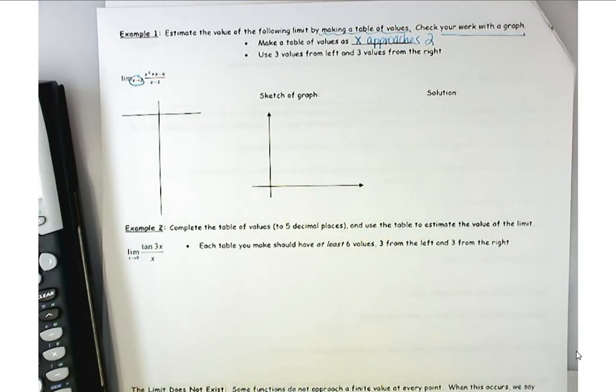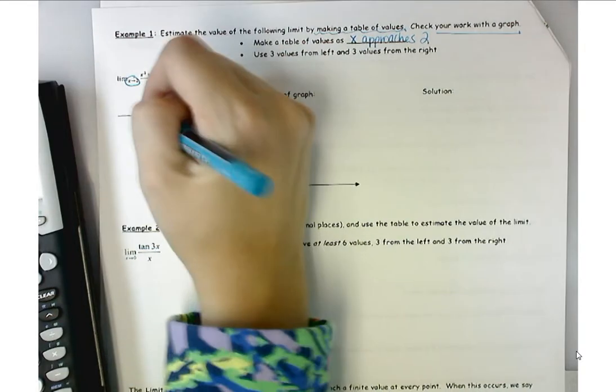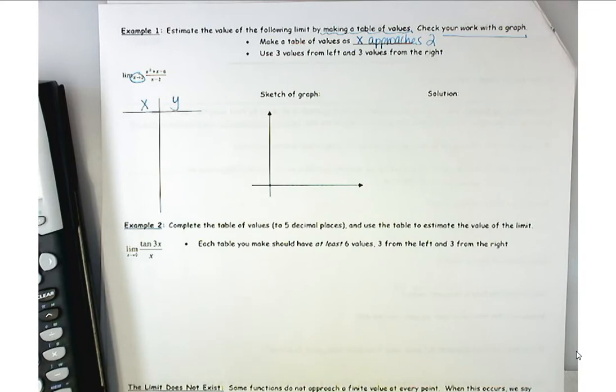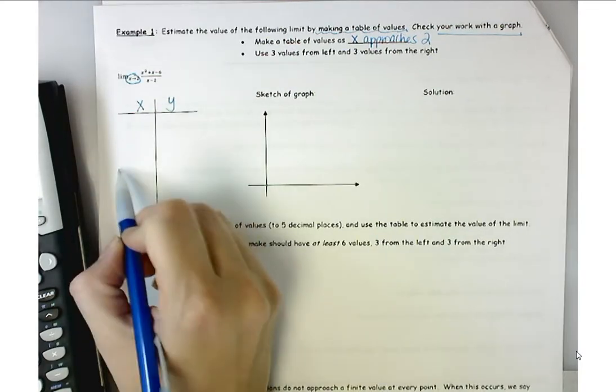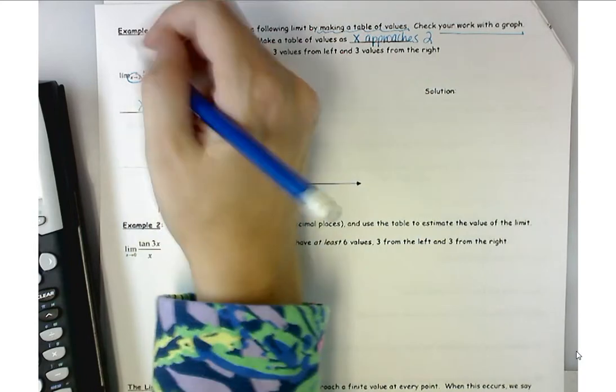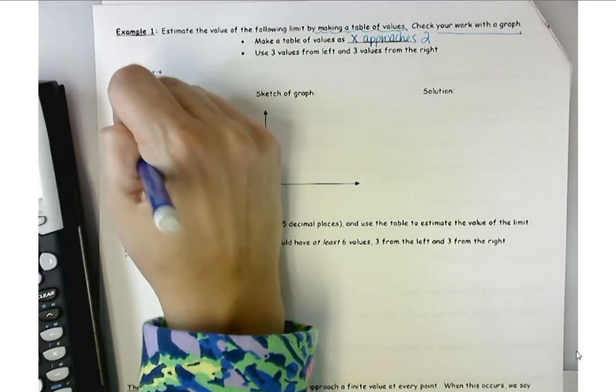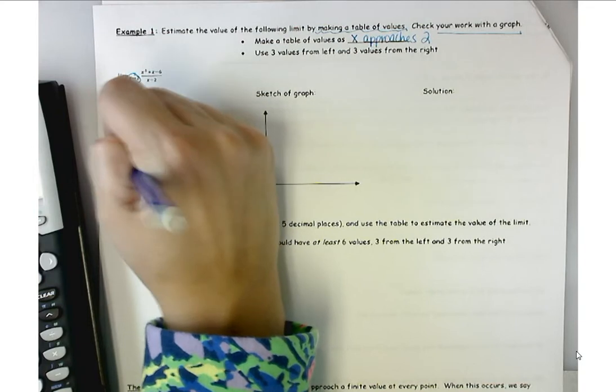Okay, we're going to use 3 values from the left, and we're going to use 3 values from the right. Okay, and this time I'm going to switch up my values a little bit. So from the left, maybe I'll use 1.99, 1.999, and 1.9999.